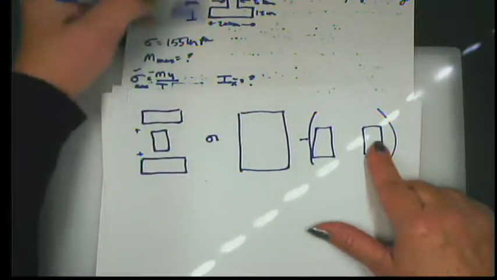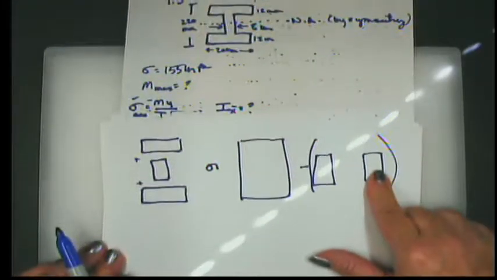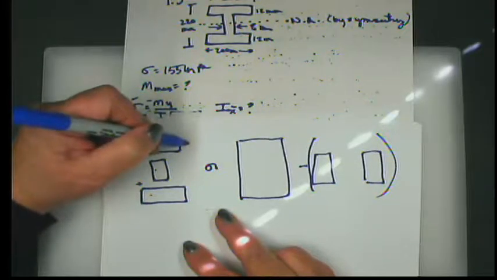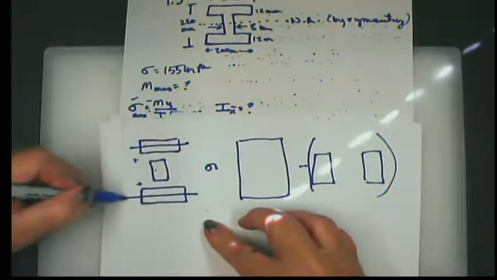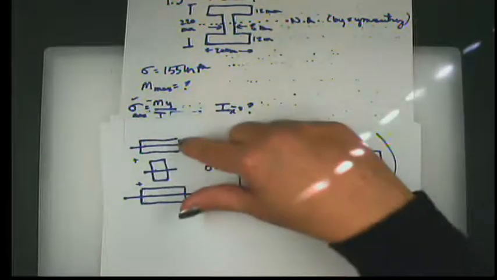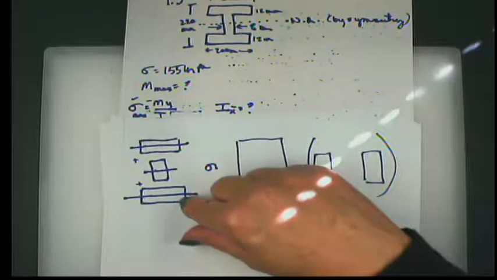In other words, the central axis is at the same y value as it is for the composite shape, or for the big rectangle. But here, my centroids are going to be different. My centroid here is going to be halfway through this rectangle. My centroid here is going to be halfway through this rectangle. My centroid here is going to be the same as the neutral axis for the entire shape. But so I'm going to have to use the parallel axis theorem for this and this.